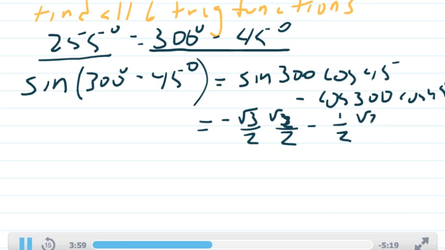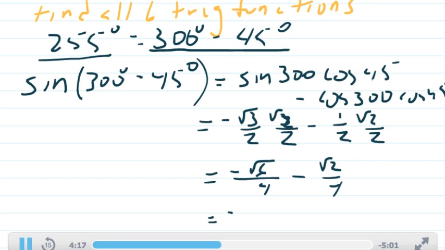And cosine of 45 is square root of 2 over 2. So that tells us that the sine of 300 minus 45, which is 255, is minus square root of 6 over 4 minus square root of 2 over 4, or minus square root of 6 plus square root of 2 over 4.